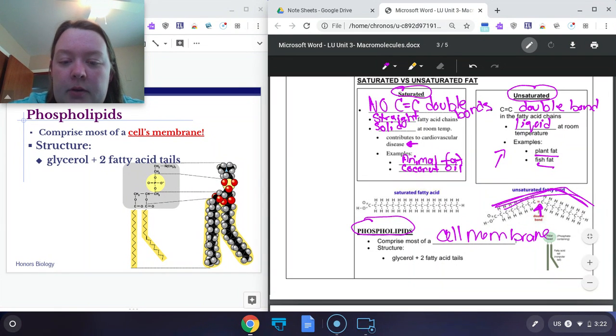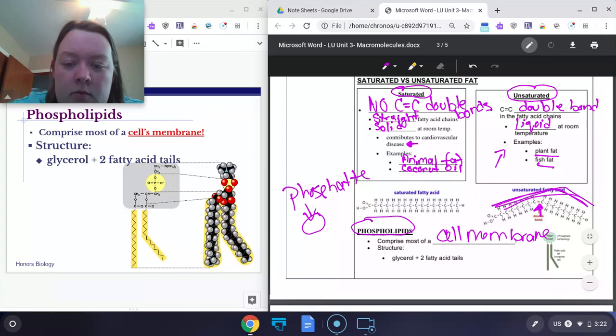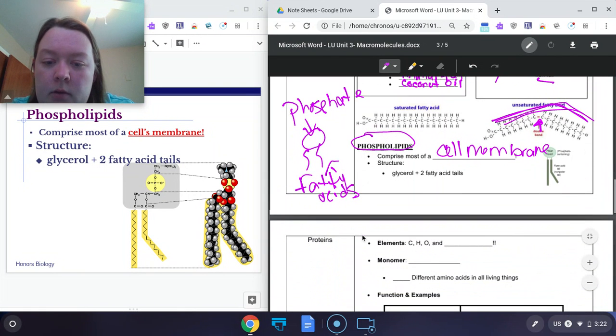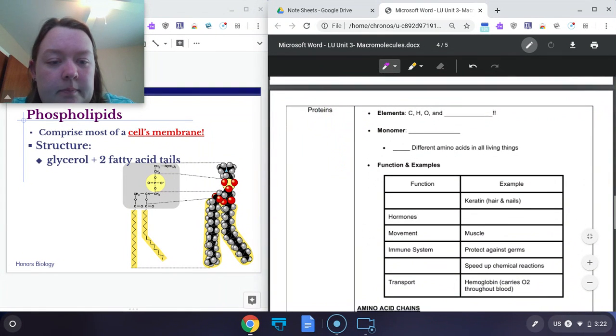So a phospholipid is composed of a phosphate head, I put one extra T in there, a phosphate head with two fatty acids at the bottom. And these make up cell membranes in living things.